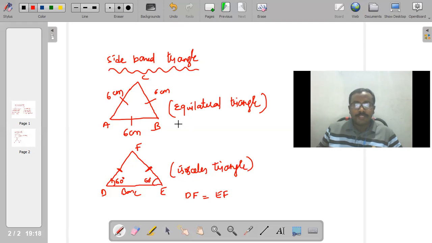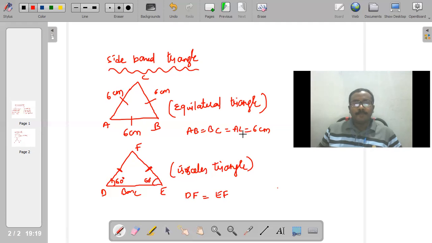In the previous equilateral triangle, AB equals BC equals AC equals 6 centimeters. If all sides are equal in a triangle, it is an equilateral triangle. In an isosceles triangle, any two sides are equal. Did you understand?